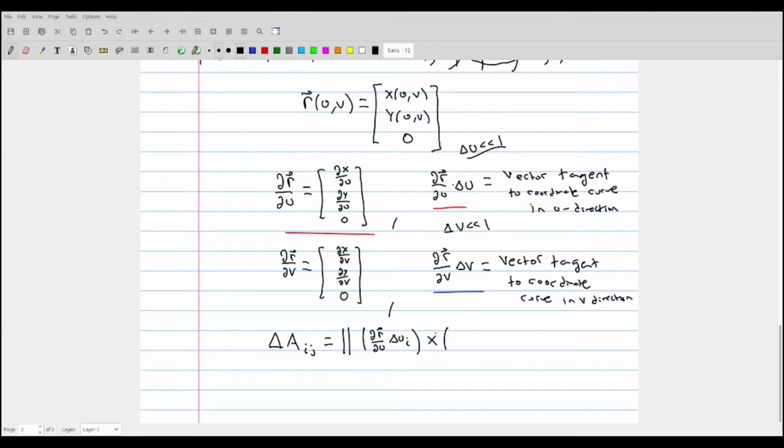So this cross right here is the vector cross product. The magnitude of the vector cross product will give us this approximation to the area.